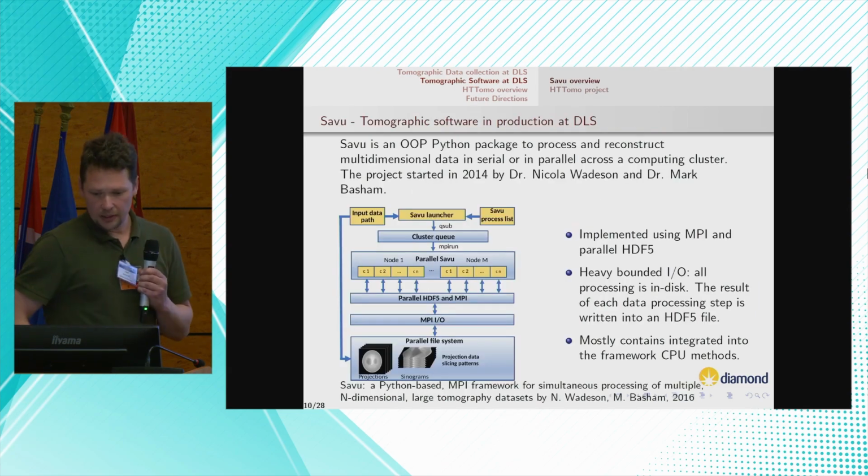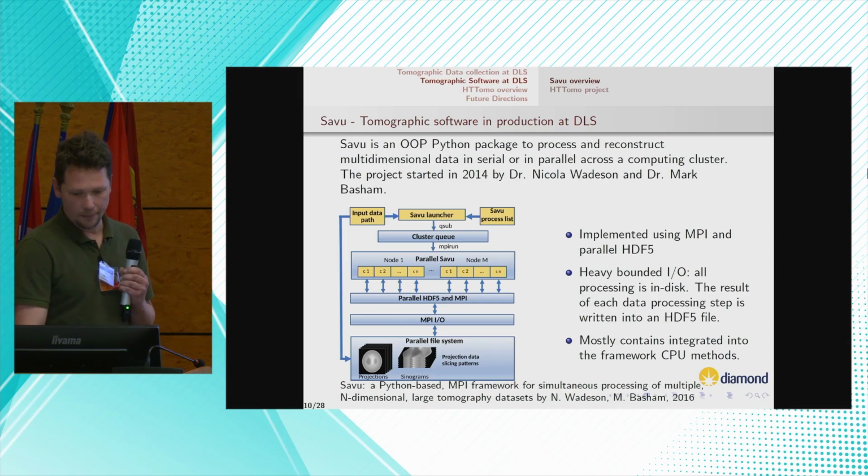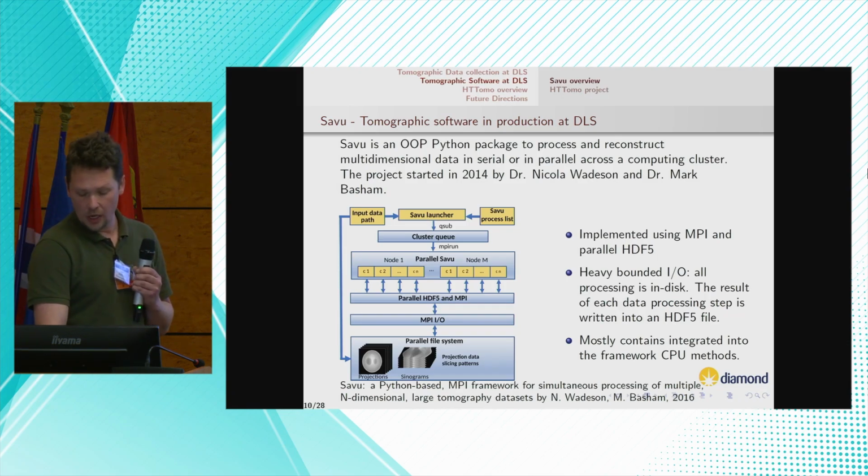Savu started in 2014 as also a Python package using MPI protocols and the parallel HDF5 file system as a sort of backup for a memory limitation. There was not a lot of memory at the time on the nodes, so every processing step in the package goes through the disk.